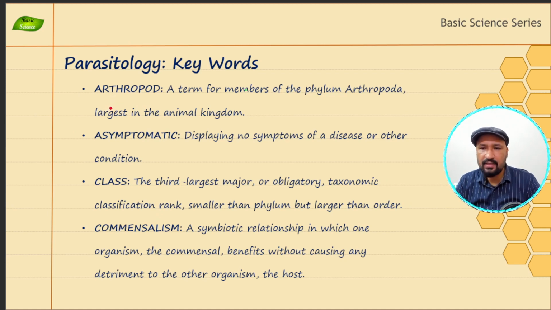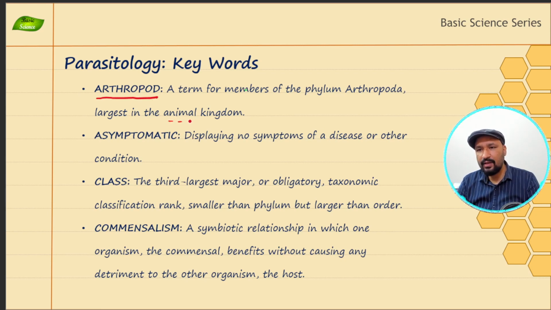Whenever this particular term is being used while you are studying parasitology, it indicates the members of the phylum Arthropoda, which is the largest in the animal kingdom. As we all know, organisms are classified by a system where you have different groups.